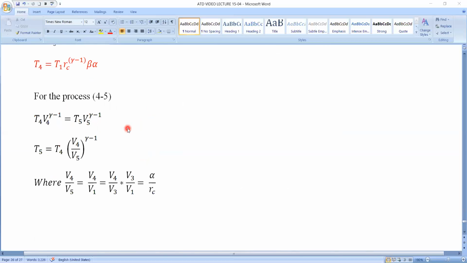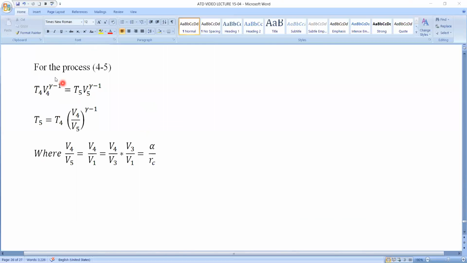Now we got T4 in terms of T1. Finally, the last one, process 4 to 5. 4 to 5 is a reversible adiabatic process, for which the TV relationship is T4 V4 raised to gamma minus 1 equals T5 V5 raised to gamma minus 1. Do the cross multiplication, that is T5 equals T4 into V4 by V5 raised to gamma minus 1.